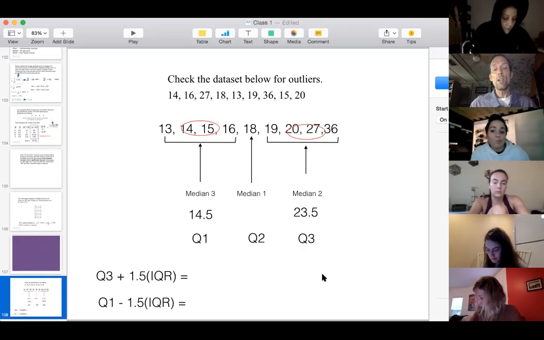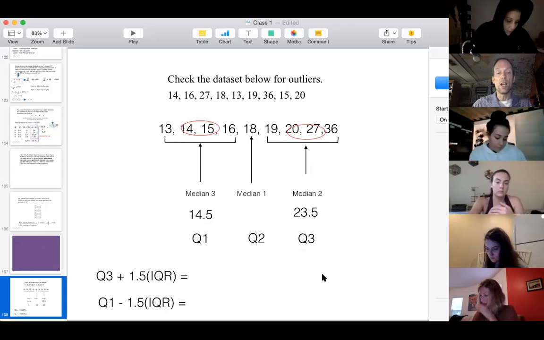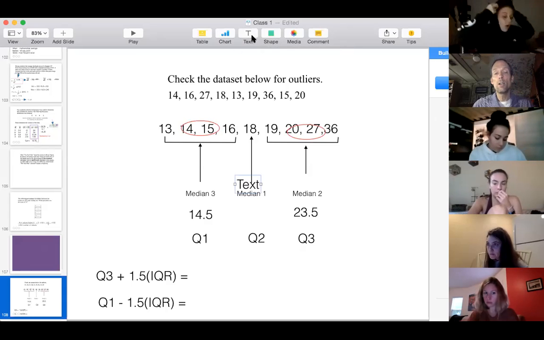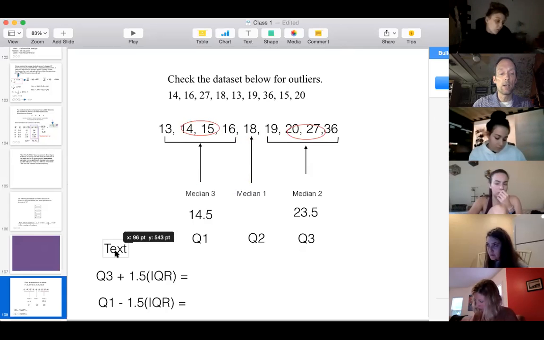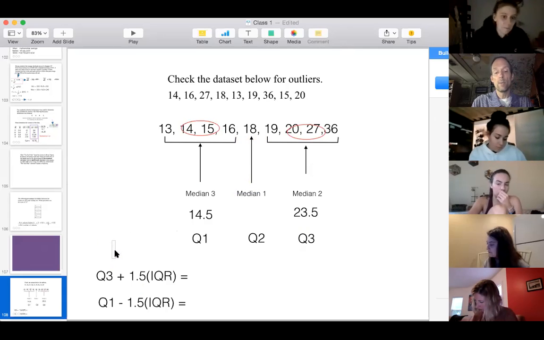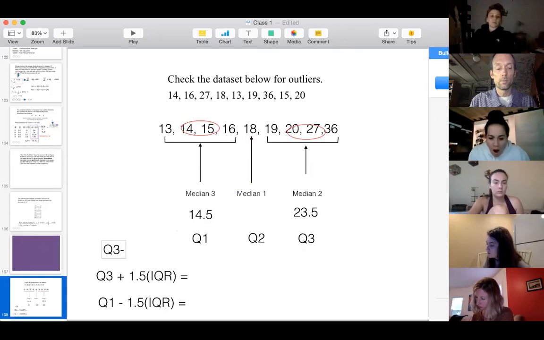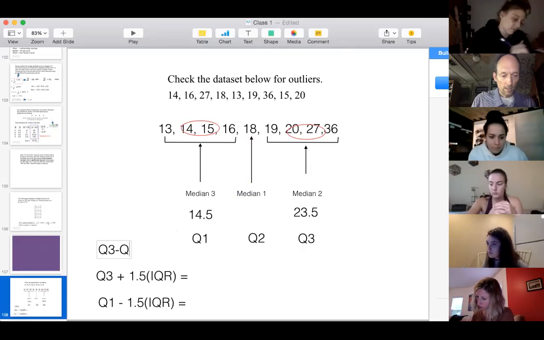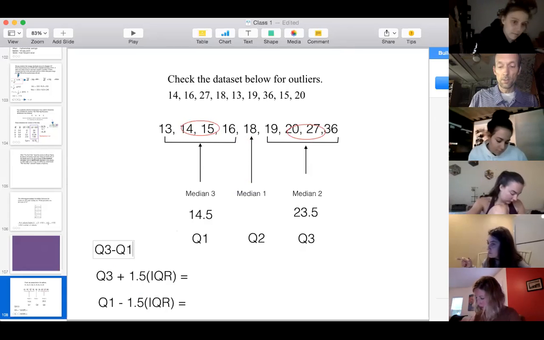All right, so what I want you guys to do is calculate out the interquartile range, the IQR. And we had a formula for the IQR. I'm going to put it back up on the screen here because we might not have memorized that yet.